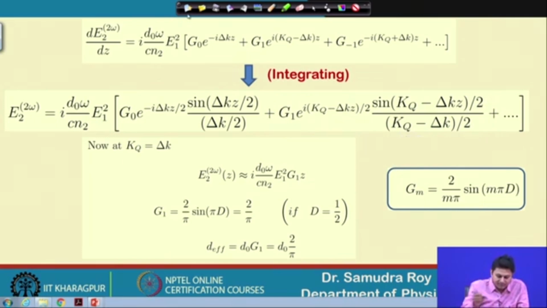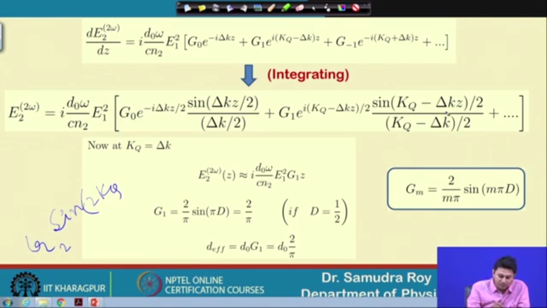What about the other terms, the higher order terms? For example, if I write G minus 1 and put kq equal to delta k, we eventually have a term e to the power of minus i 2 kq z. After integration we will have a sine term. So, we will have G of 2 sine, and this term will be 2 kq minus delta k.